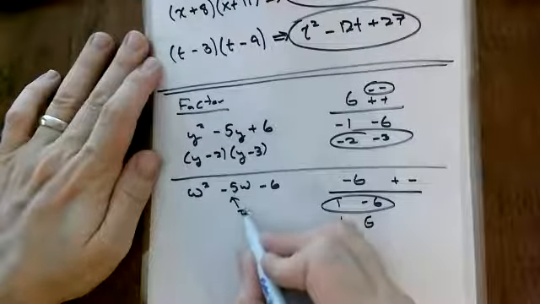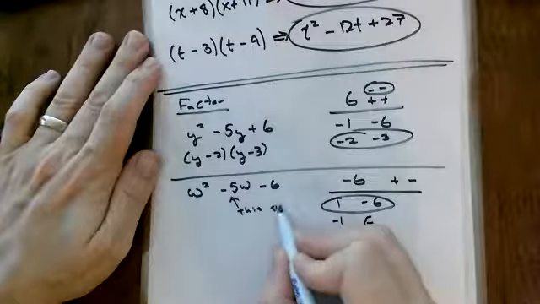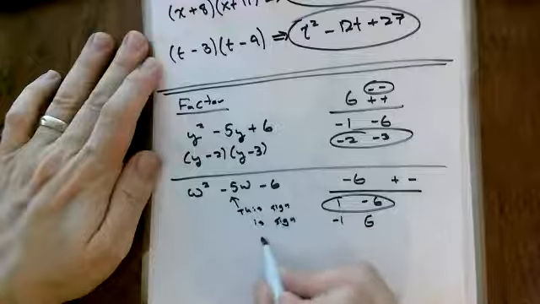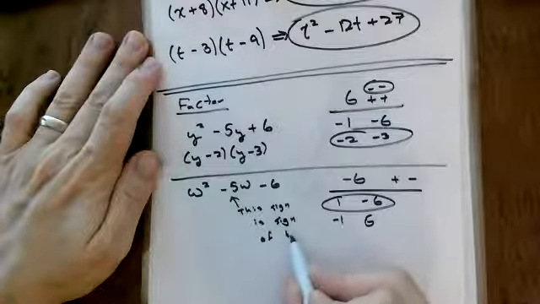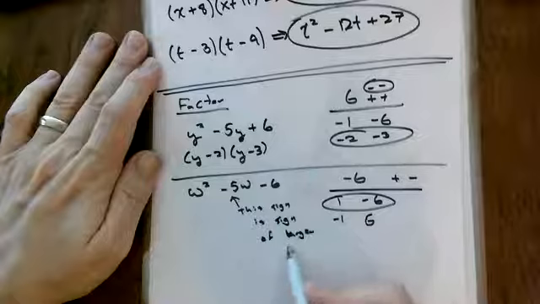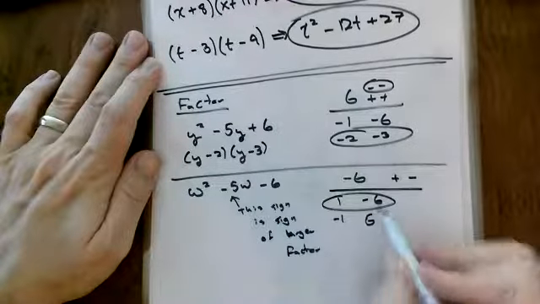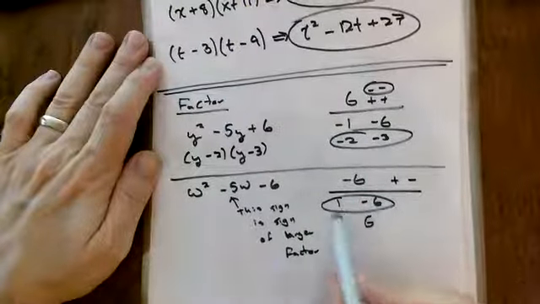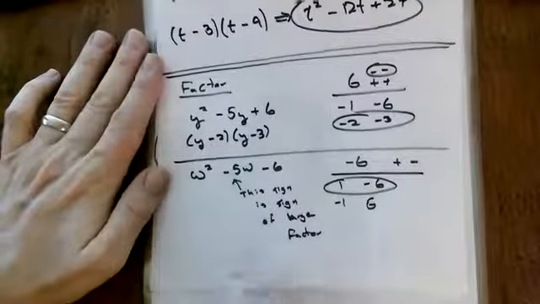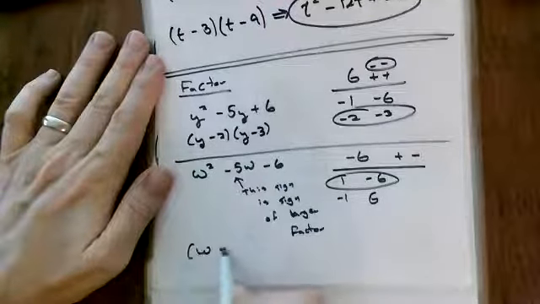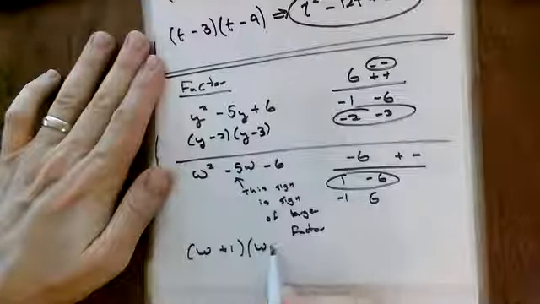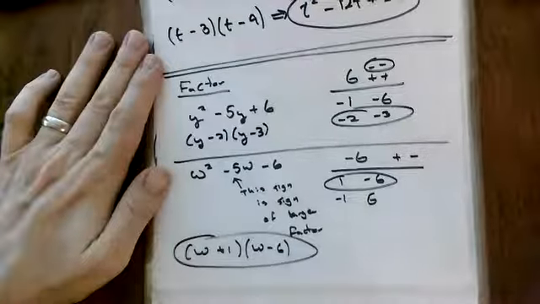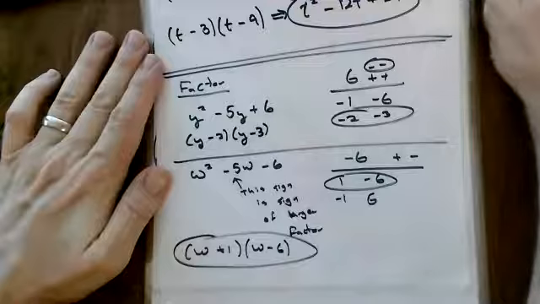This sign is the sign of your larger factor. So since this is negative, that means my -6 rather than the 1 would be negative. But let me finish this out because this is w plus 1 and w minus 6. Alrighty.